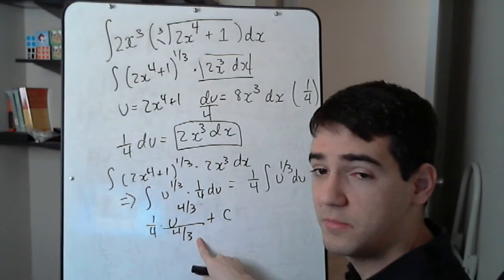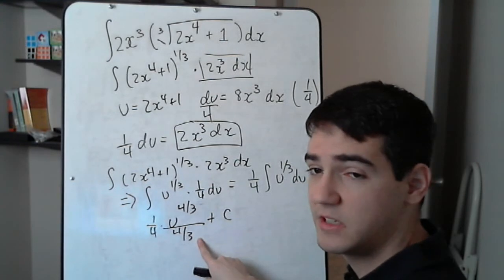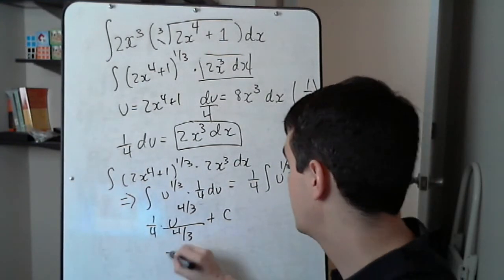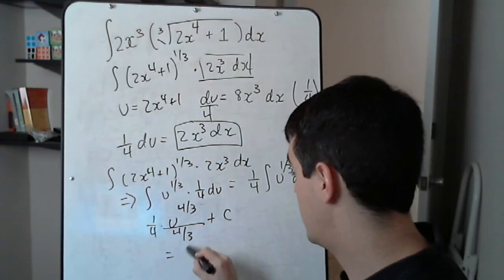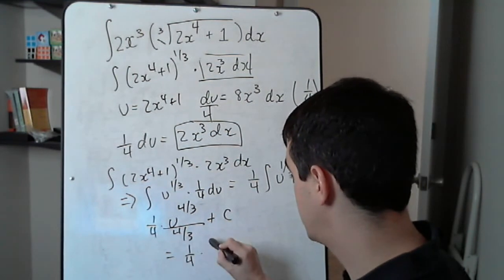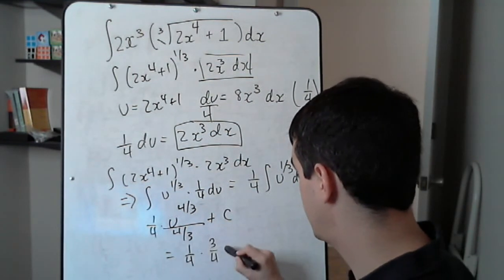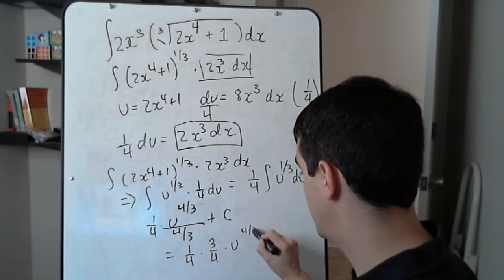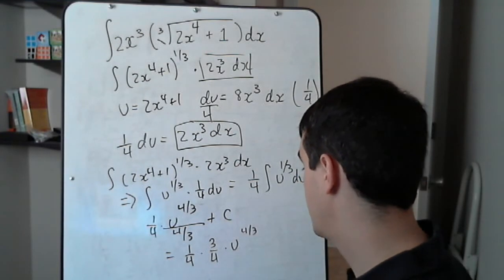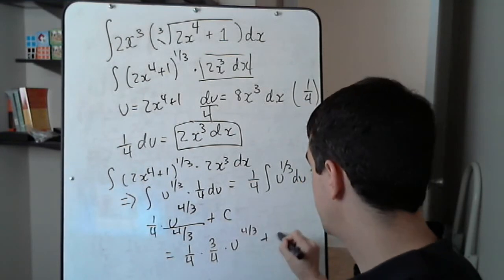So let's bring this out of the denominator, because I don't like a fraction in the denominator. So we get 1/4 times 3/4 times u to the 4/3 plus c.